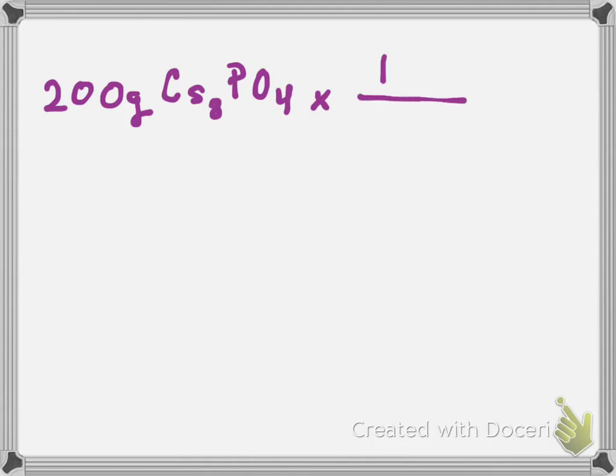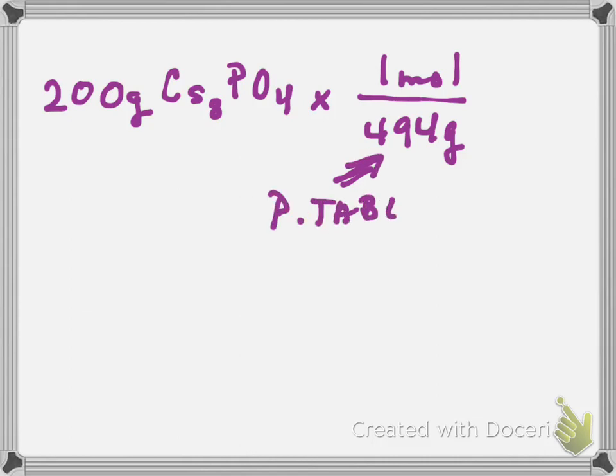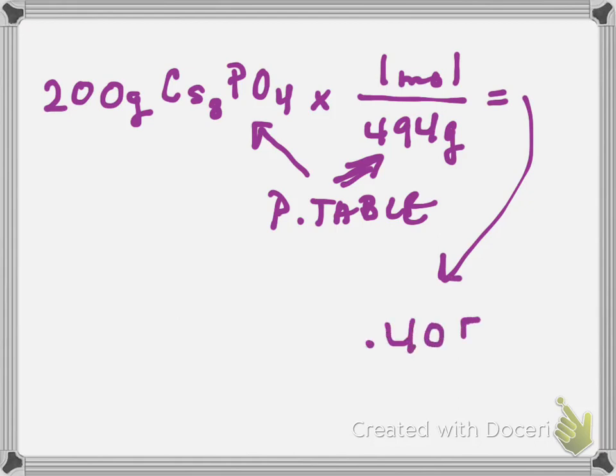But remember, we write division, since we want to convert to moles, as 1 over the formula mass. The formula mass here is about 494, from the periodic table. And we get, final answer, 0.405 moles.